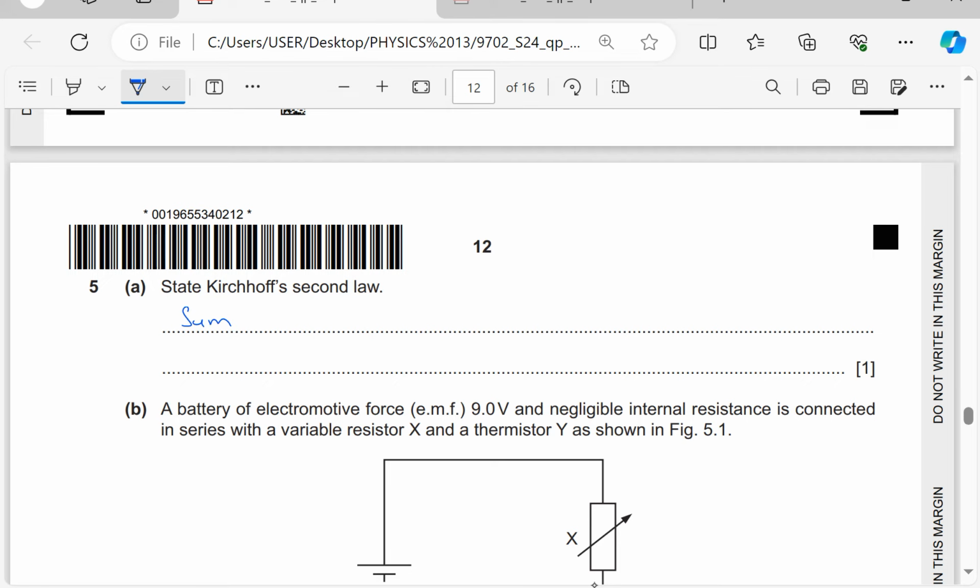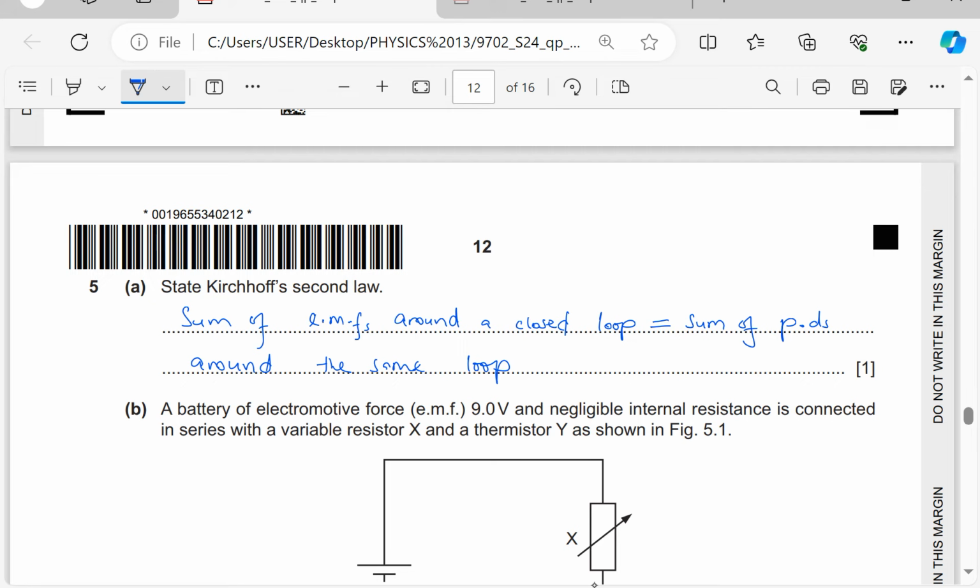The sum of EMFs around a closed loop. It should be a closed loop or a complete circuit equals the sum of PDs or potential drops around the same loop.